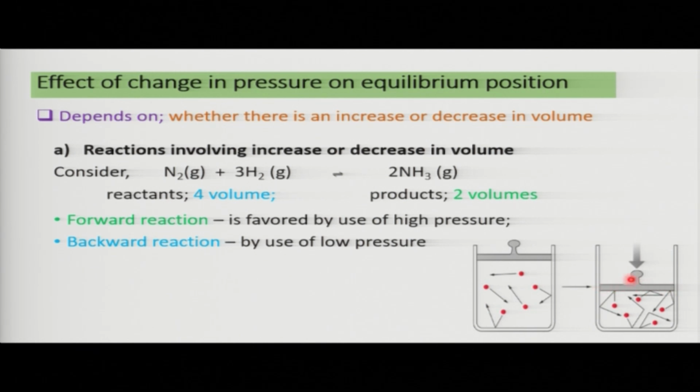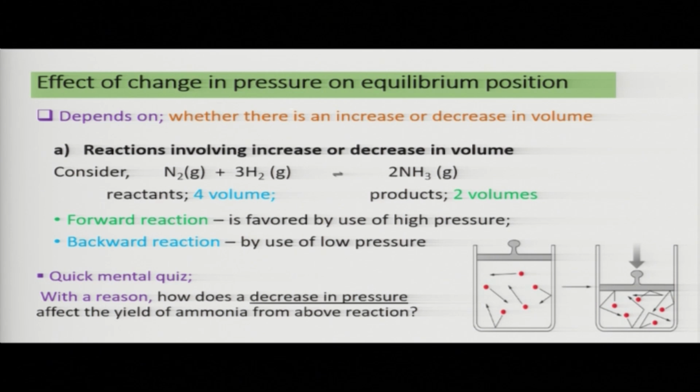As you release the pressure, when pressure is low, then you favor expansion. So you will favor the composition of ammonia to nitrogen and hydrogen. I think there you quickly see what we mean in terms of low and high pressure and how it affects the forward and the backward reaction.